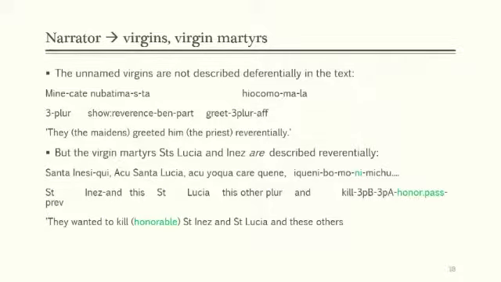So the narrator says, because they were chaste and they entered religious orders, the infidels basically wanted to kill the honorable Saint Inez and Saint Lucia, and we know that they're honorable because after the verb they wanted to kill them, we get the ni passive. Okay. We don't get any ni here for greeting. So ordinary virgins are fairly low in deference, but the virgin martyrs are high in deference.